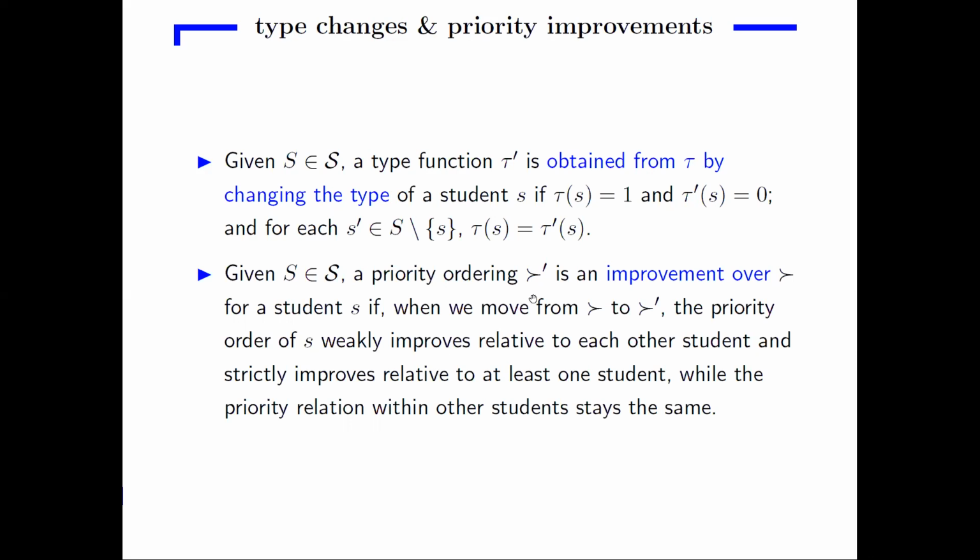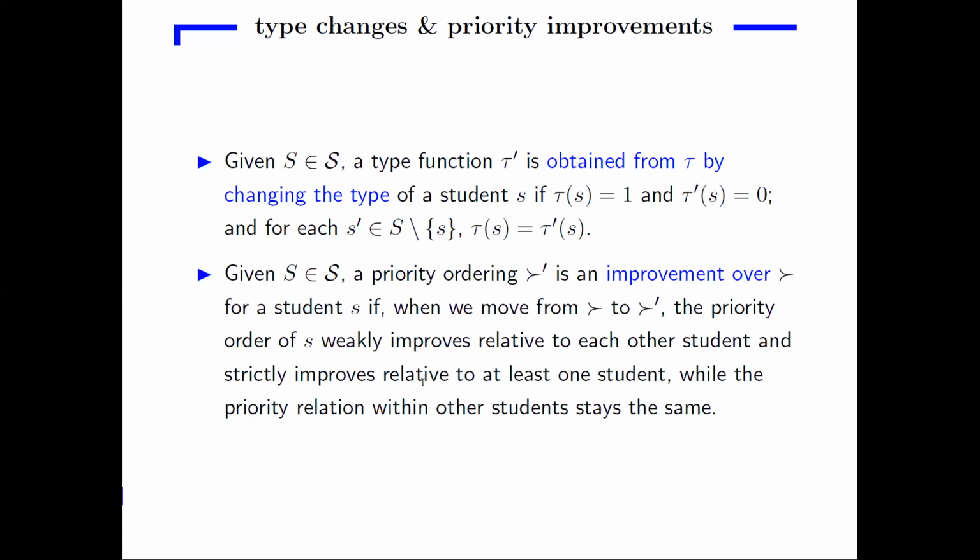And a priority ordering pref prime is an improvement over another priority ordering pref for a student s if, when we move from pref to pref prime, the priority order of s weakly improves relative to each other student and strictly improves relative to at least one student, while the priority relation among the other students stays the same.